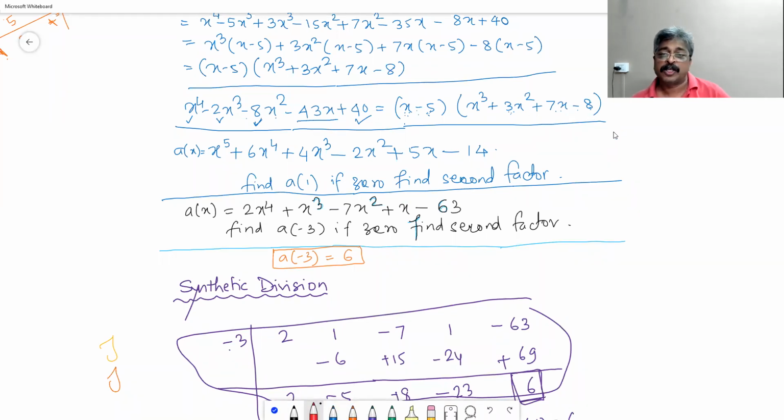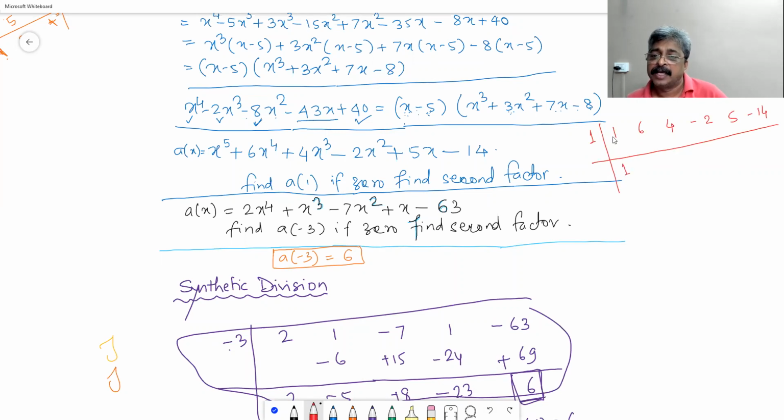Oh, recording was on. 1, 6, 4, minus 2, 5, minus 14. I have written all the coefficients. Then leave some gap. Write down what a of what you want, 1.